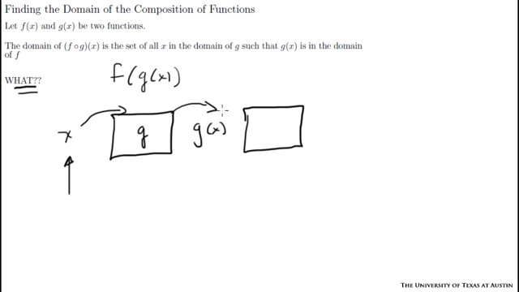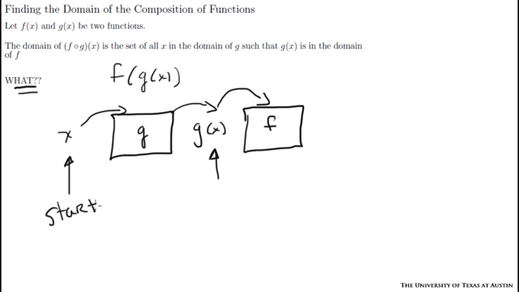Now, our next step is to take these outputs and put them into f. So f is going to evaluate the g of x, and what goes in here has to be in the domain of f. So we start with x.